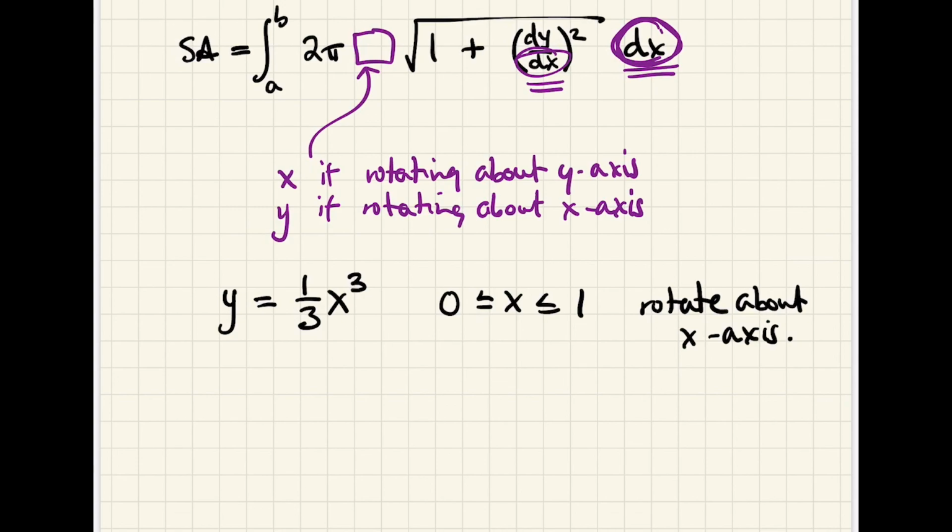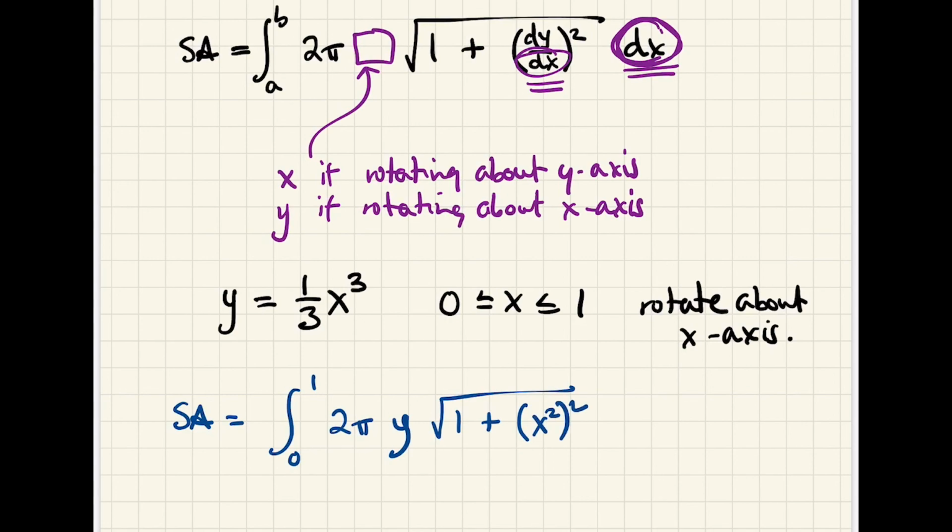All right, so that means our surface area formula would be 0 to 1, because we're going to integrate dx, 2 pi times, well, since we're rotating about the x-axis, this would have to be a y right there. 1 plus the square of dy dx. So dy dx, we can see, is actually just x squared. So that would get squared again, so x to the 4th dx.